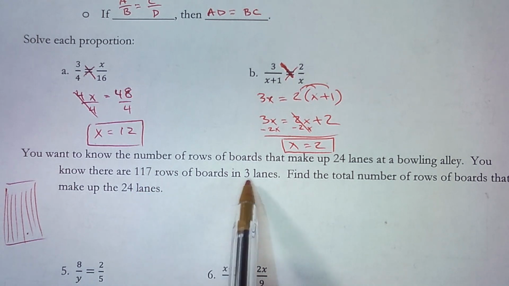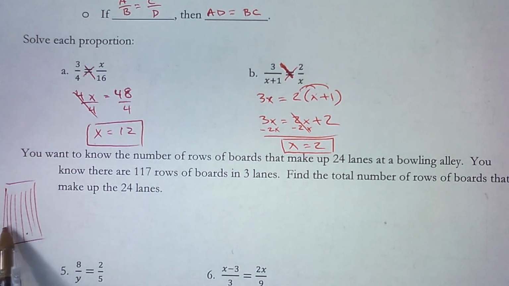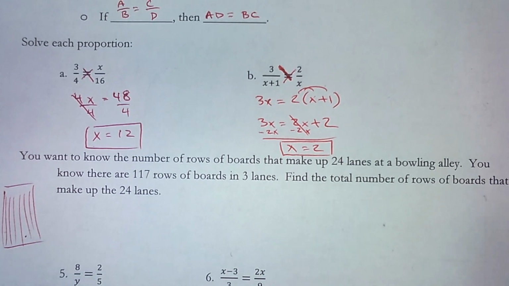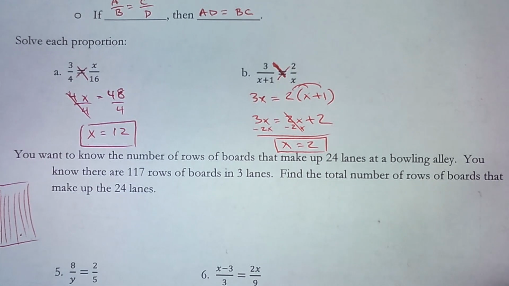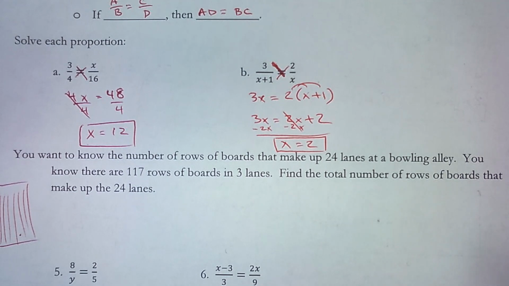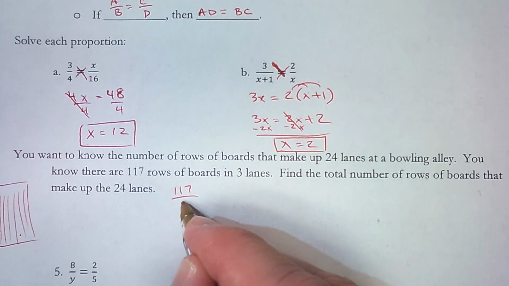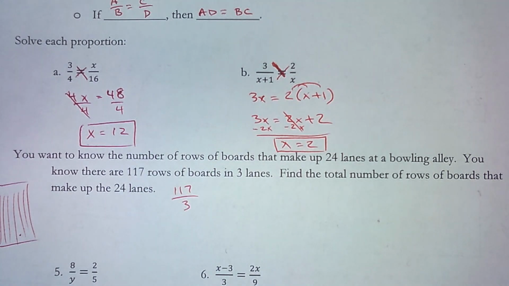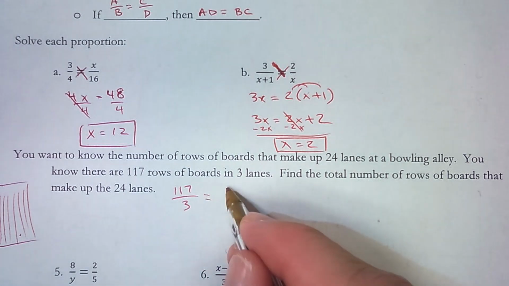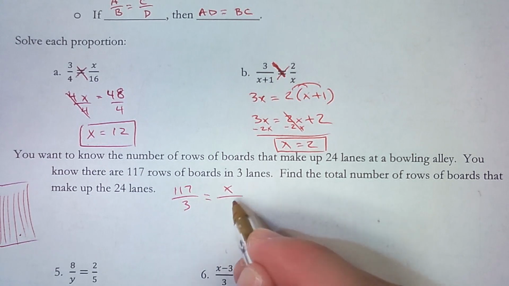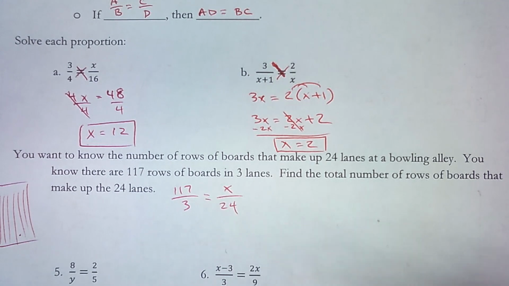But after you get through 3 lanes, you've counted 117 rows of boards. So let's use that to find out how many rows it takes to make up the 24 lanes. It takes 117 rows to make 3 lanes. How many rows does it take to make up 24 lanes?